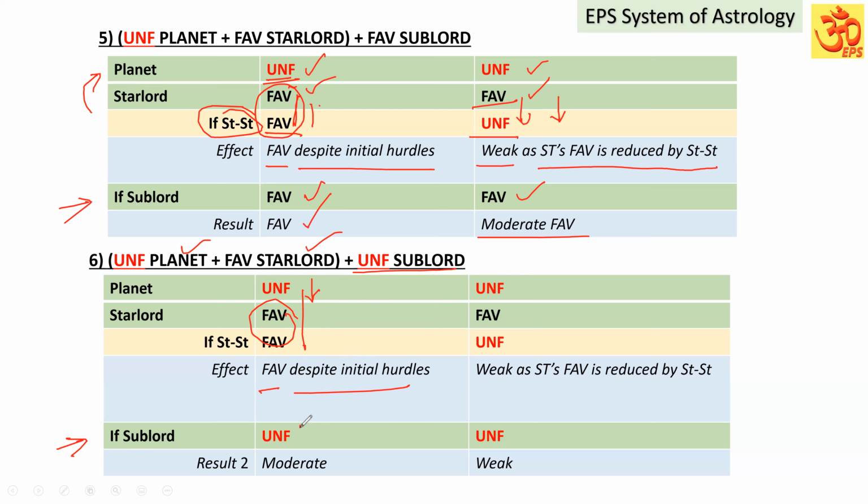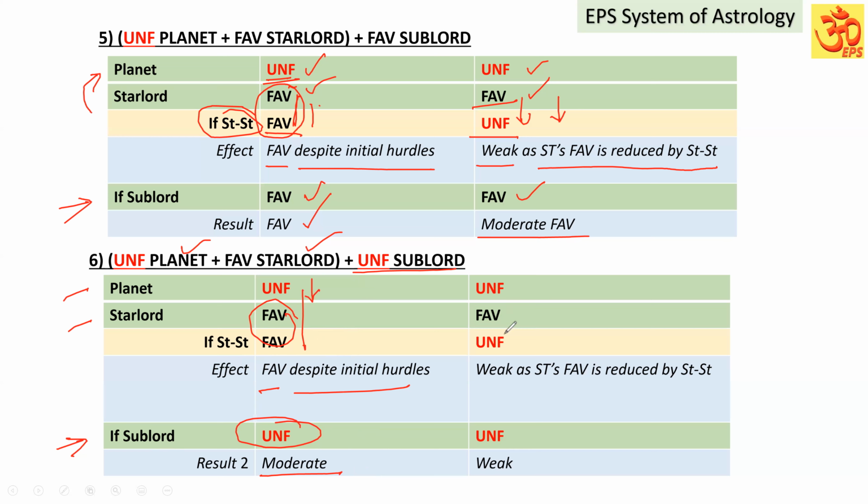But since the sublord is unfavorable, it is going to be moderate. Because out of the 3 primary levels, 2 levels are unfavorable, but 2 consequent levels within that star lord are favorable. So it is not going to be completely unfavorable, but the result will be unfavorable, and overall the result is going to be moderate.